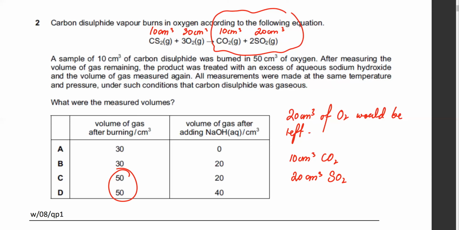And the volume of gas after adding NaOH. So can anyone guess, if you add NaOH to the resultant mixture of gases, which of the gases are going to react with NaOH? Is it going to be O2 or CO2 or SO2? Which one? NaOH is a base. So which one do you think are acidic gases out of the three?